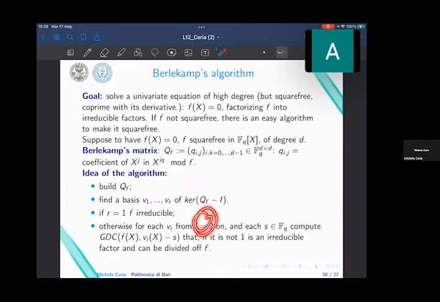Otherwise, for each element in the basis from the second on, and for each s in Fq, you compute the GCD between f and v_i of x minus s. If it is not one, it is a factor of f, and so you can divide it off. Of f, actually, the polynomial was f.